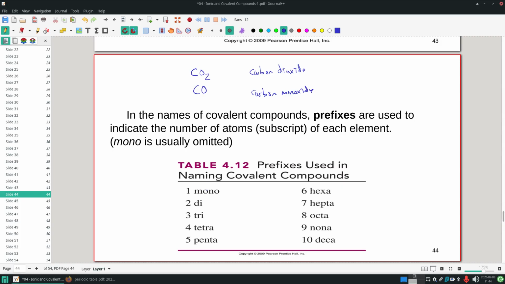Now, generally speaking, the mono gets left out a lot. Because if we were supposed to use it always, we would have called that monocarbon dioxide and monocarbon monoxide. Typically, we use the mono when we stress something. We want to draw attention to it. And we kind of do on carbon monoxide because it's toxic.